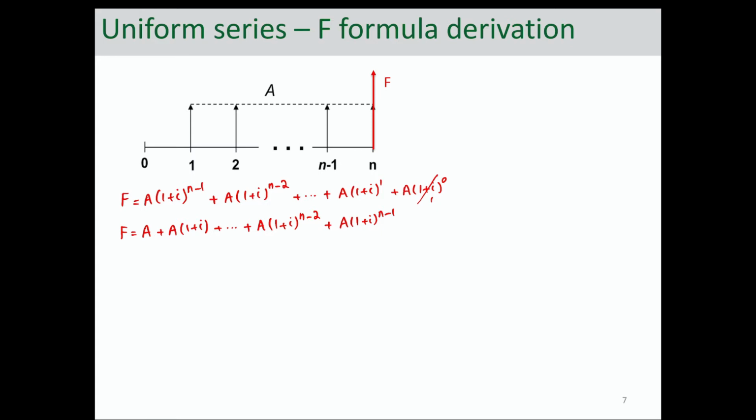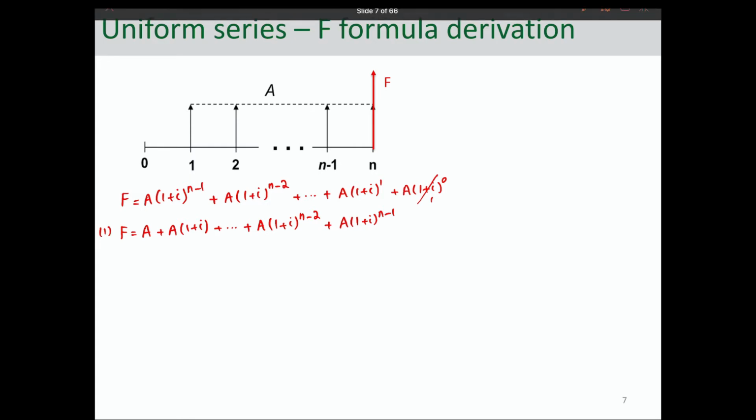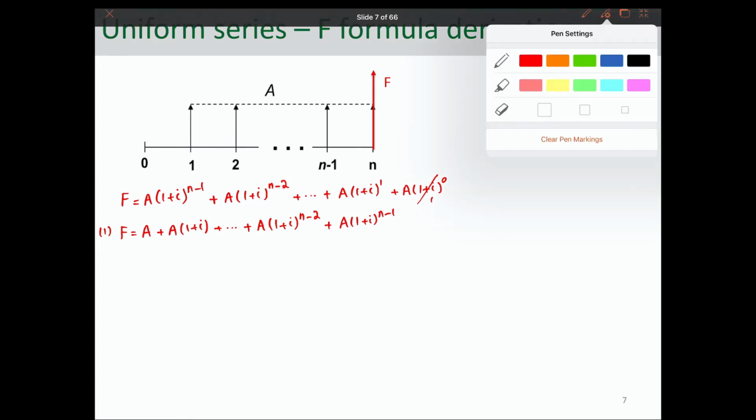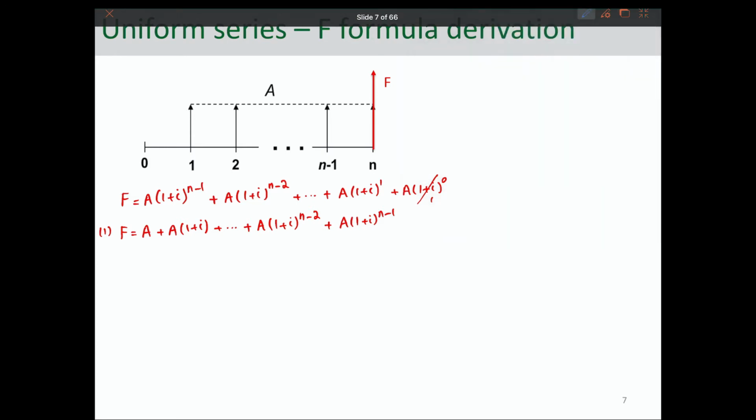So let's call this equation, equation 1, and we're going to multiply equation 1 by (1 + i). We're going to multiply both sides of this equation, both F and this side, by (1 + i).